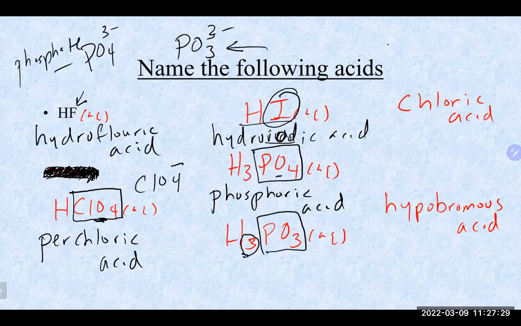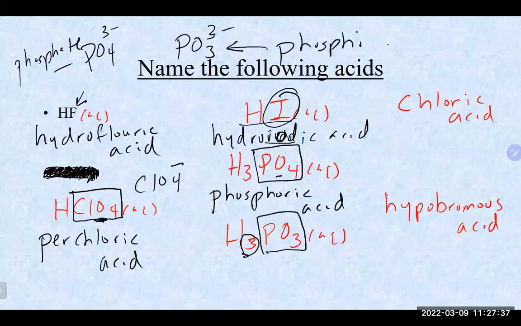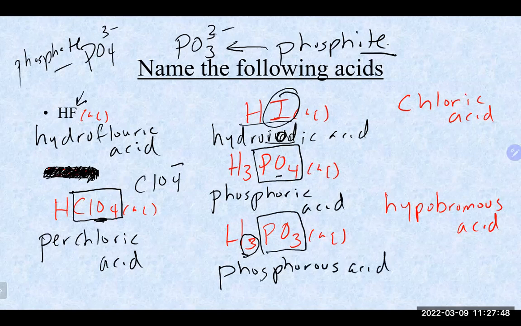They are related to each other. The difference is this one has 1 less oxygen, which means instead of phosphate, it's probably called phosphite, which means our acid name would be phosphorous acid. Any questions on that one?